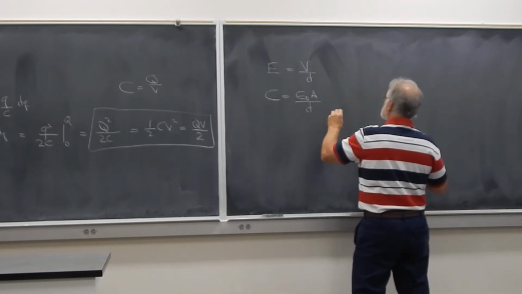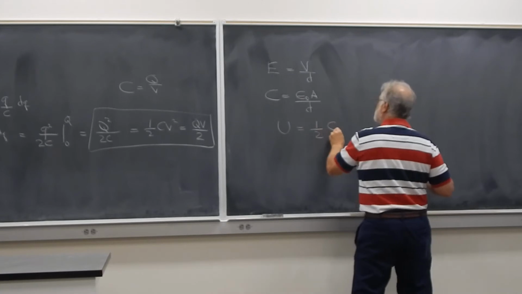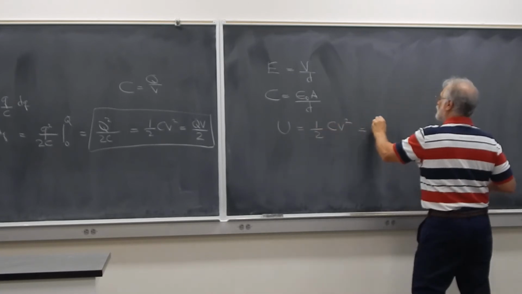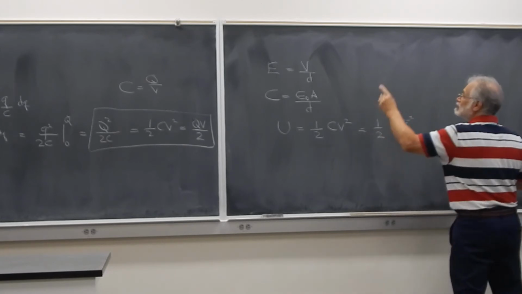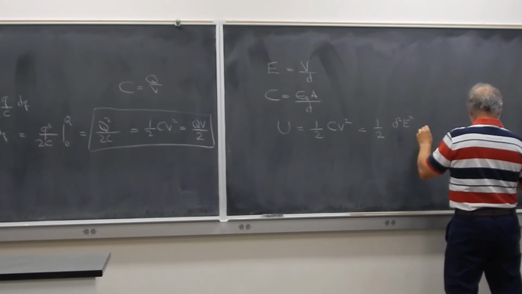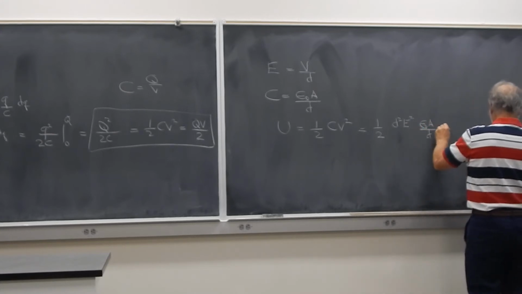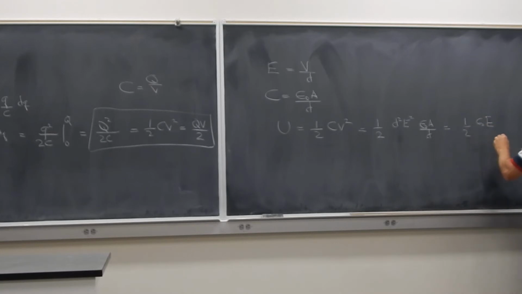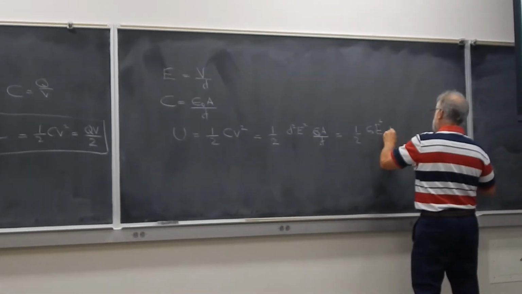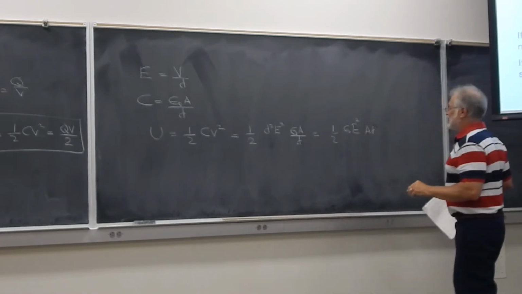I can say then that the energy stored in the capacitor I'll write as 1/2 CV squared, which I can write as 1/2 times E squared d squared, using the first equation, times epsilon naught A over d, which gives me 1/2 epsilon naught E squared A times d.